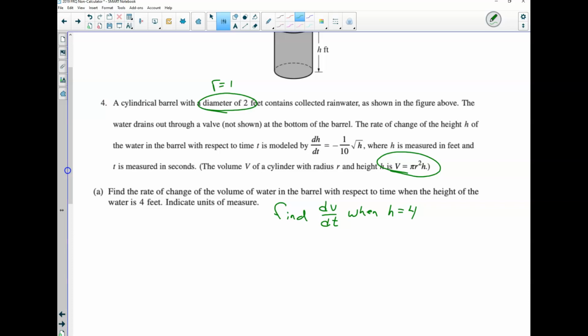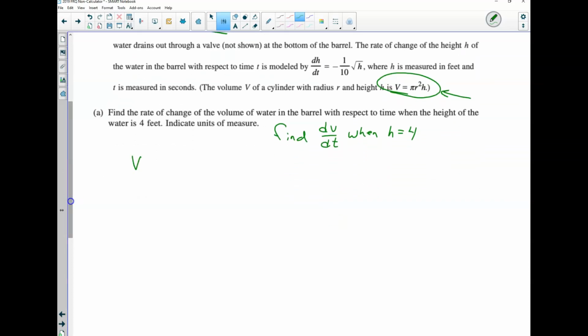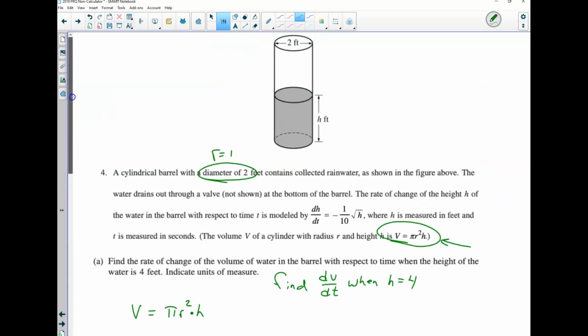Now, my volume is going to equal pi r squared times h. That's a product rule if you have to differentiate that. However, if you come back up at your diagram, as that water level is falling in that cylinder, notice your radius is constant. Your radius never changes.